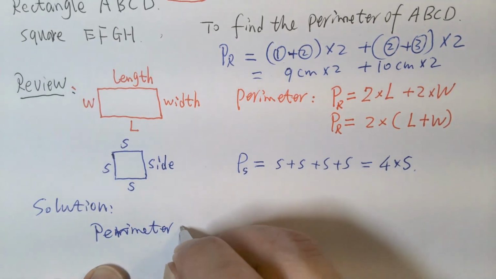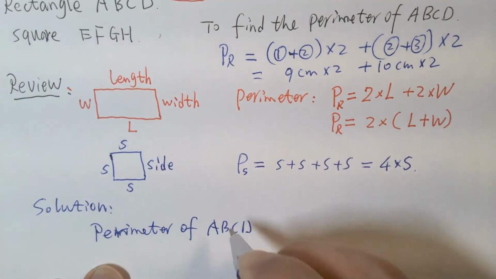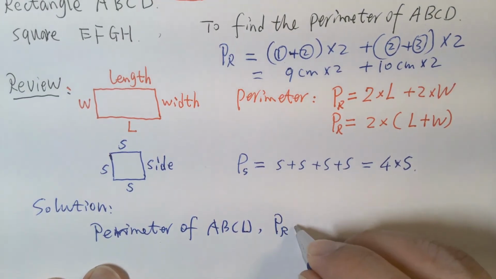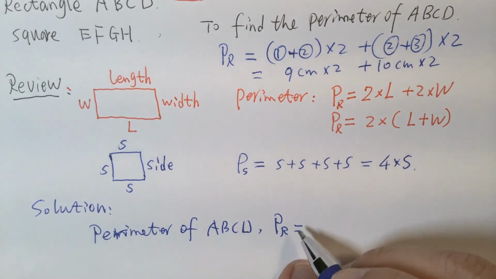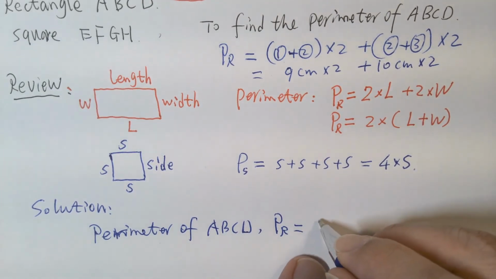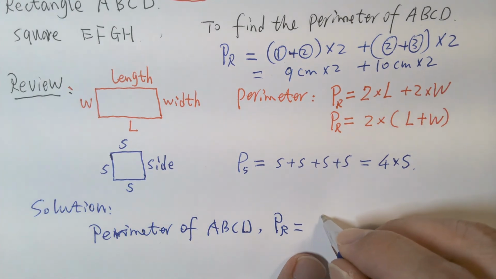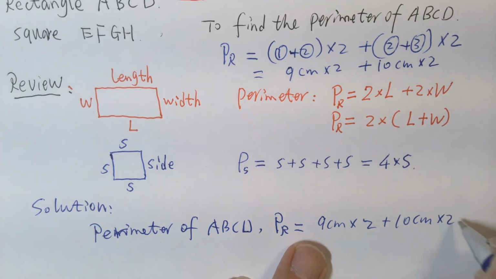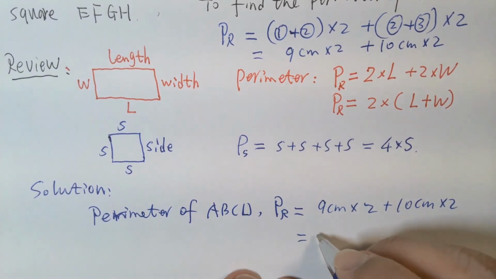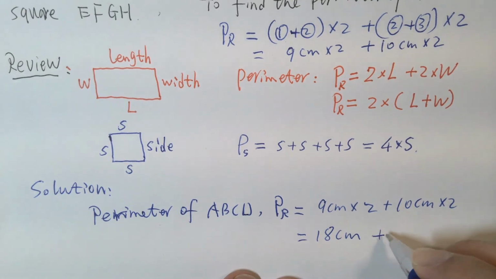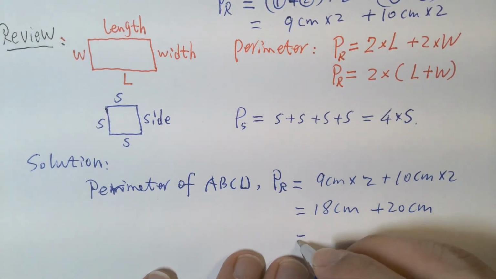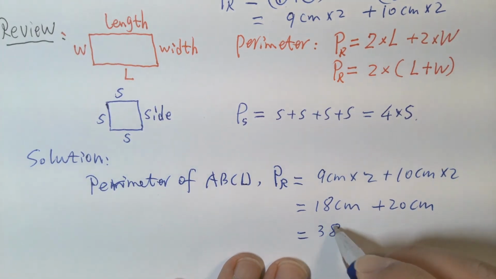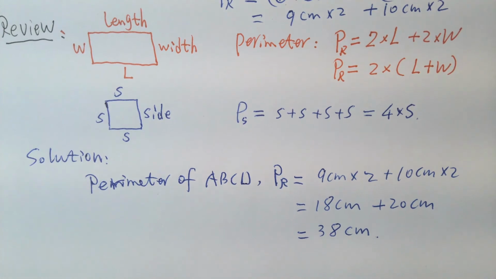Perimeter of ABCD, P, equals 9 centimeter times 2 plus 10 centimeter times 2, which is 18 centimeter plus 20 centimeter, which is 38 centimeter, right?